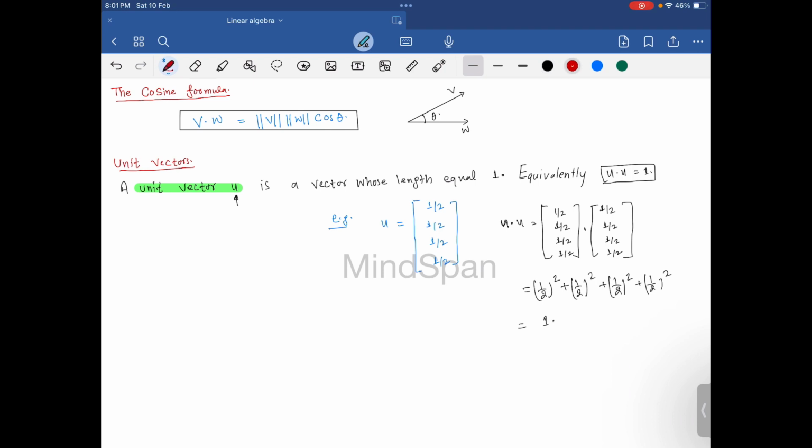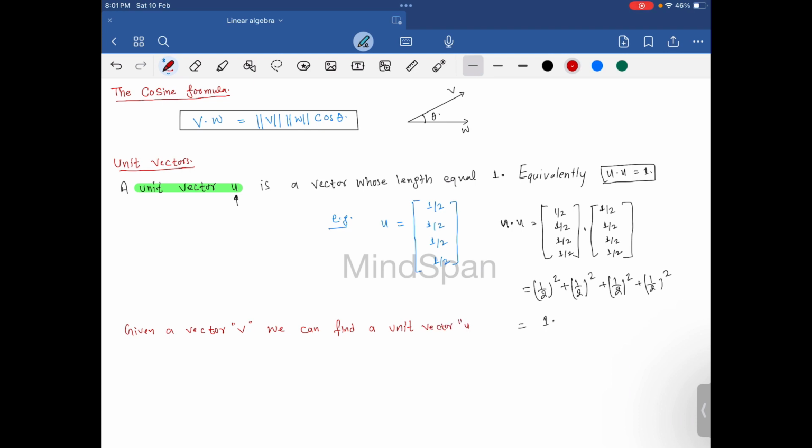What we want to do is, given a vector v, we can find a unit vector.